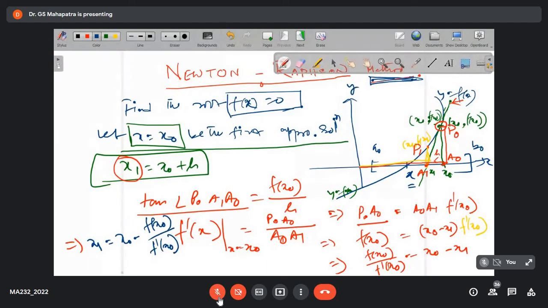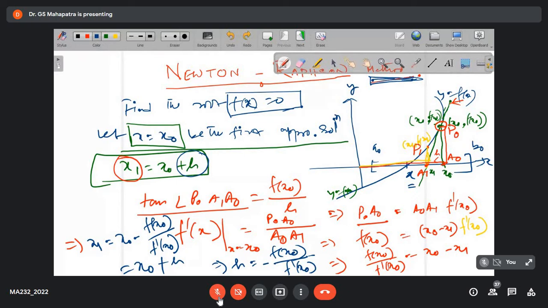So what is the value of h? F of x0 by f dash x0. Fine. So this h is, if it is plus, then h equals to minus of this one. This is the change. Fine.